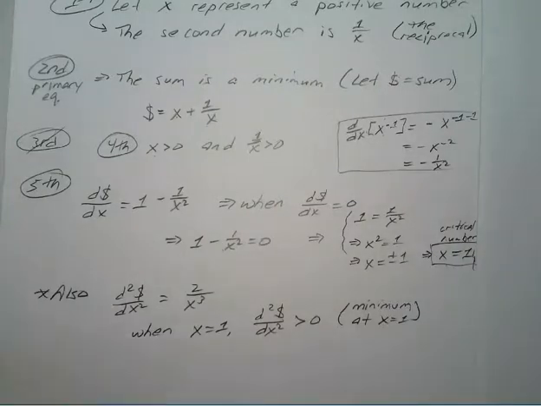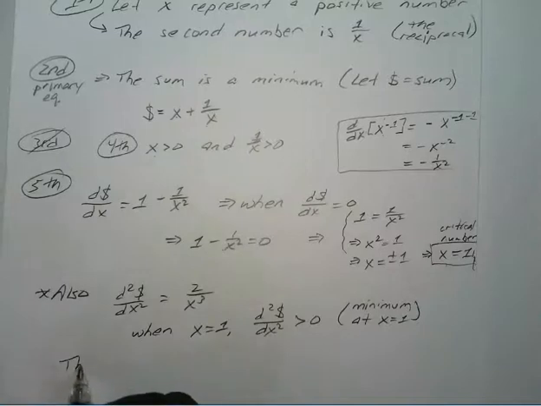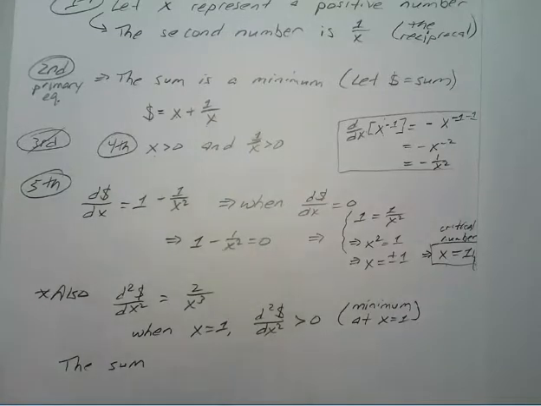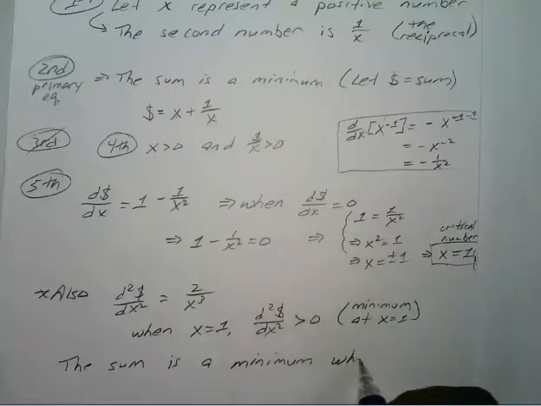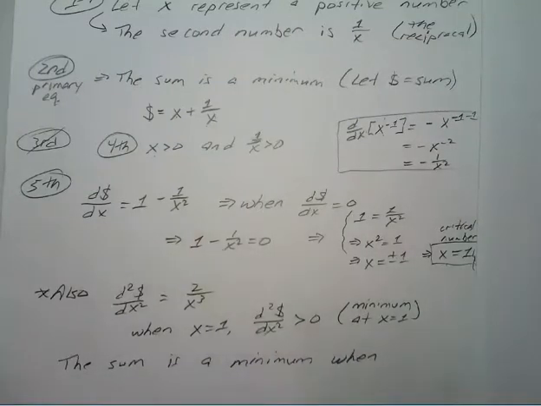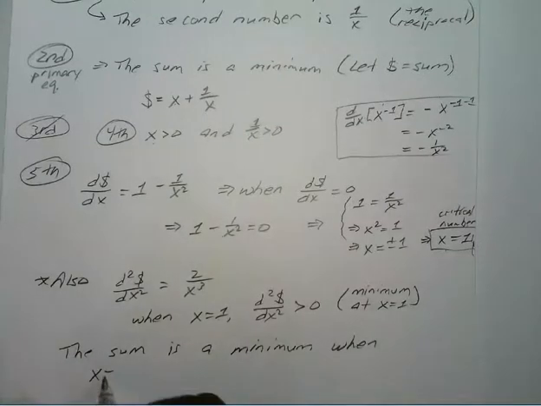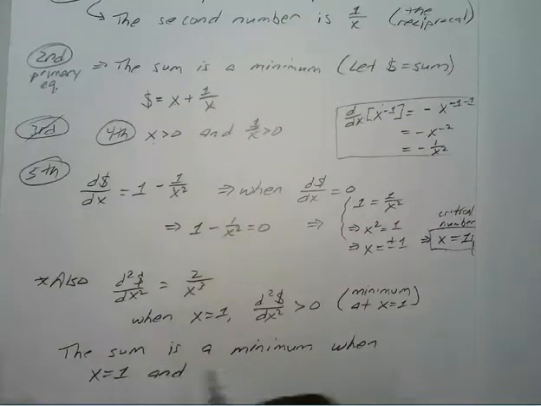All right, so you can use either one of those and it would have given you the answer. So what does that tell us? The sum is a minimum when x is equal to 1 and 1 over x is equal to 1.